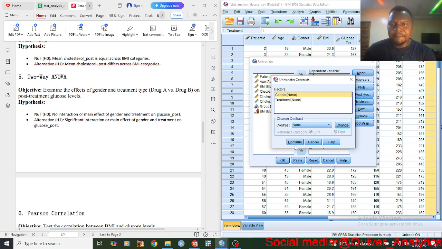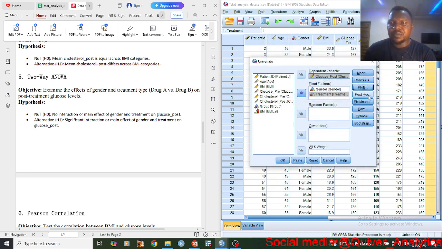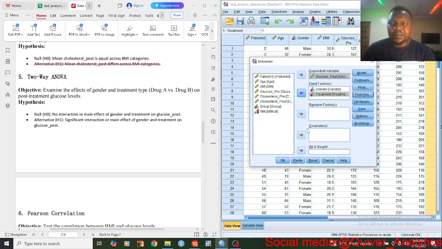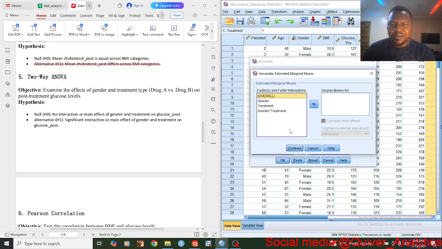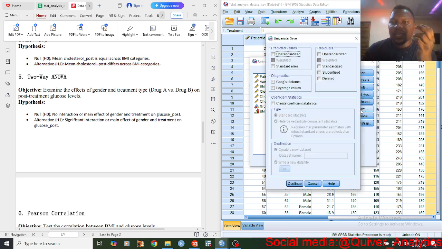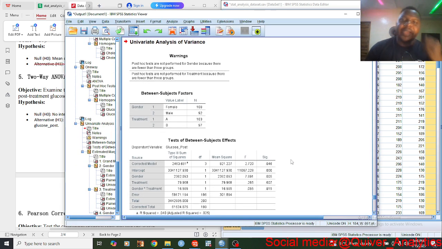Contrasts, plots, continue, post hoc. Let's see gender and treatments together. Display means, let's bring all of them here. Compare main effects. You really have to pick all of this. Unstandardized. All right, so we go ahead now.